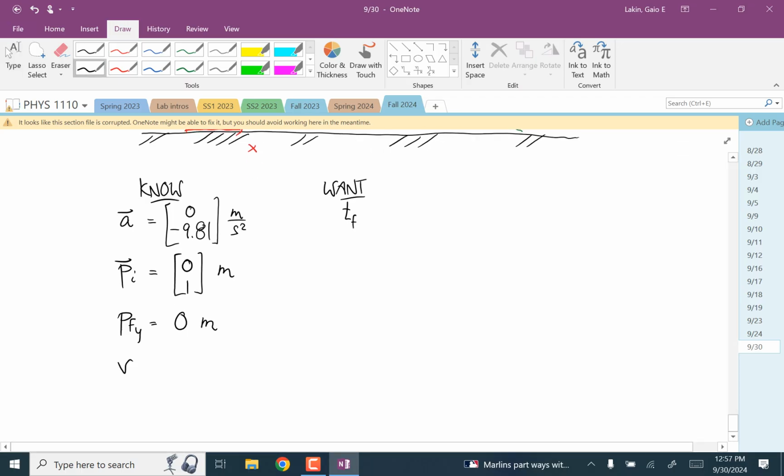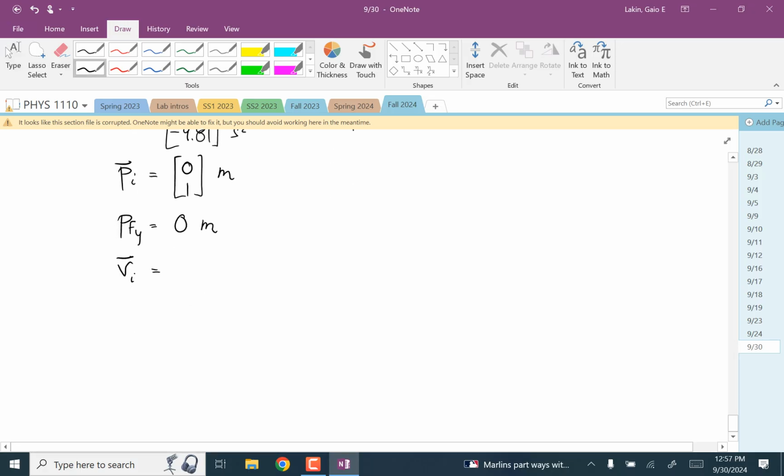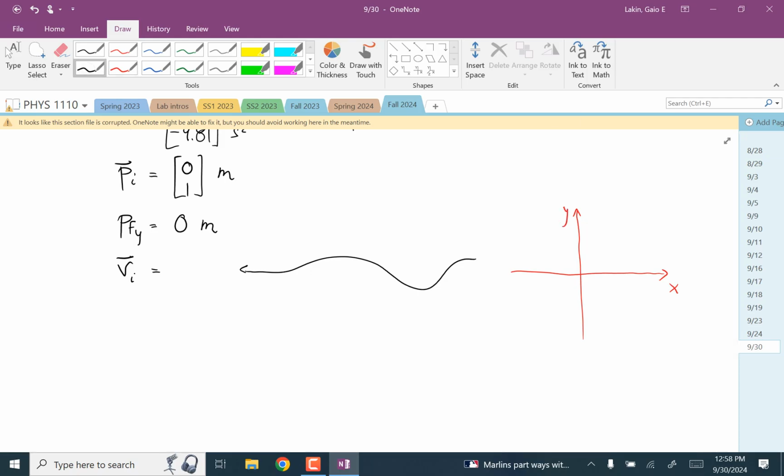And now the thing that's different this time is the initial velocity vector. To figure that out, here's the coordinate system. Again, that's super exaggerated, I can't draw a 0.1 degree angle, it's too little, but this angle here is 0.1 degrees.